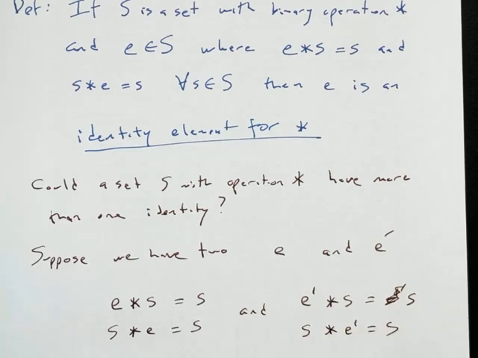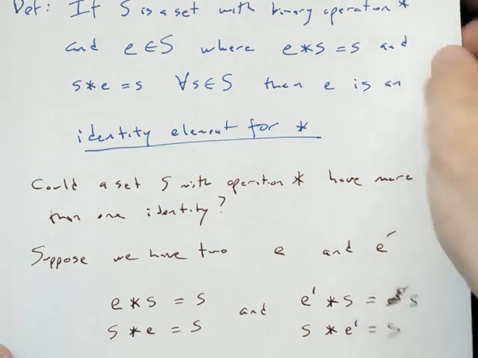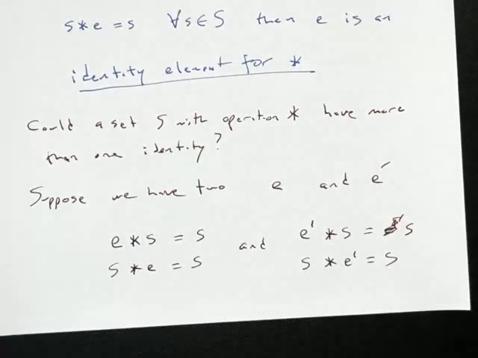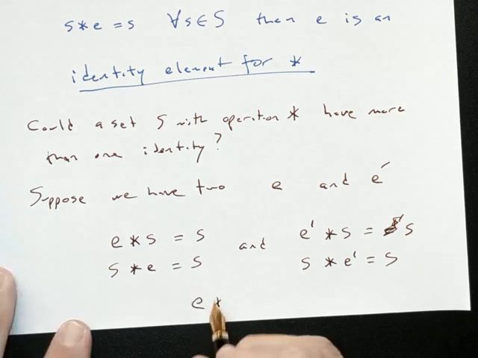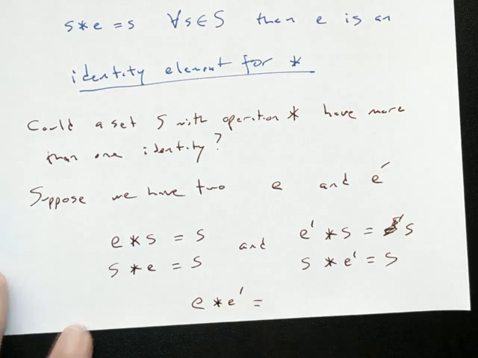Right? So it doesn't matter what thing, if these are both identities. By definition, right here, E times something is equal to that something.